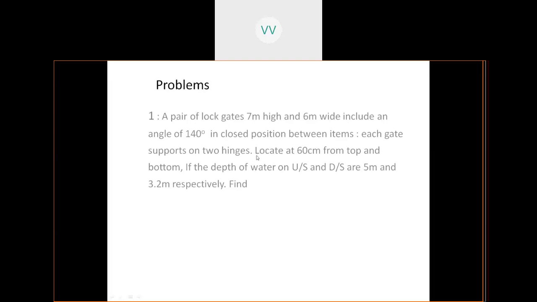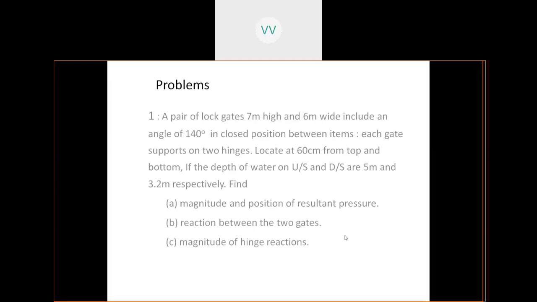They are located at 60 centimeters from the top and bottom respectively. If the depth of water on the upstream side and downstream side are 5 meters and 3.2 meters respectively, find the magnitude and position of the resultant pressure reaction between the two gates, then the magnitude of hinge reactions.